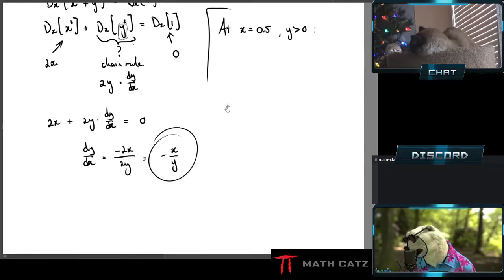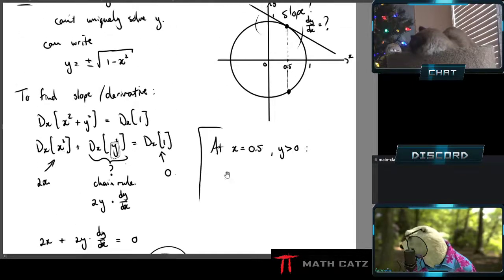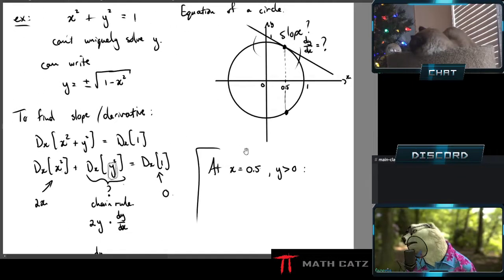Okay, well then I go back to my original equation, plug in the x value, find the y value. So I get 0.5 squared plus y squared equals 1. So y squared is going to be 1 minus 0.5 squared.